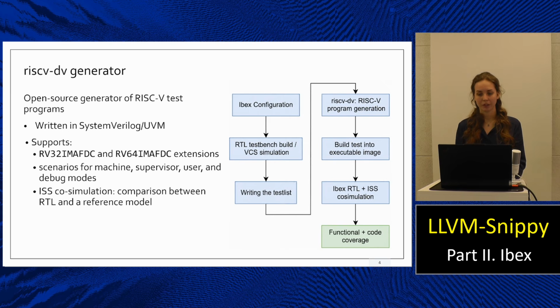So riscv-dv here gives not just a set of random programs, but a full verification flow: test generation, build, run, comparison against the model, and coverage analysis. So for Ibex, this is a very strong starting position. We already have a working infrastructure and a clear baseline to build from.